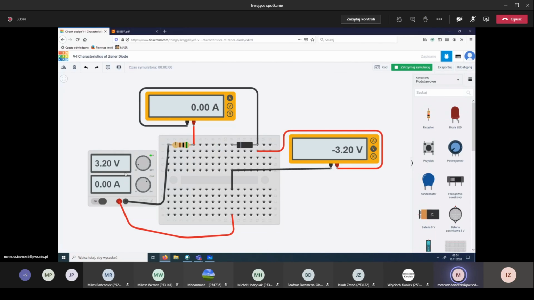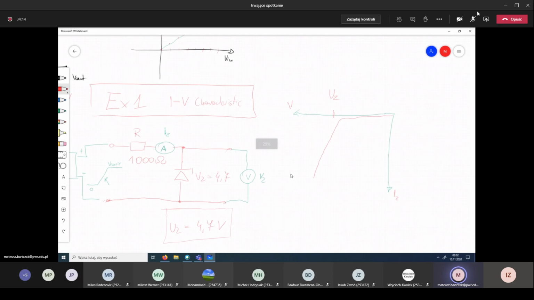Can you see the Tinkercad? Yes, we can. So basically you need to create the circuit like that, with the power supply, and then we can see how it is changing. For each of the measurement points, you need to take the measurement of the current and of the voltage. Of course, you need to configure the multimeters. So this is your first exercise.